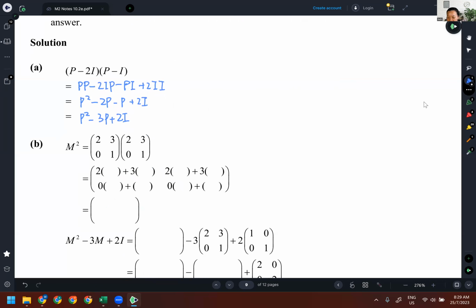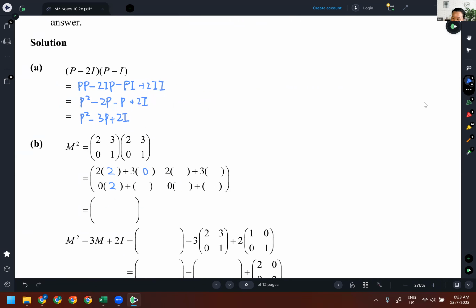Let's first do the square. 2, 0, 3, 1 times 2, 0, 3, 1. Okay, and then I get 4, 0, 9, 1.